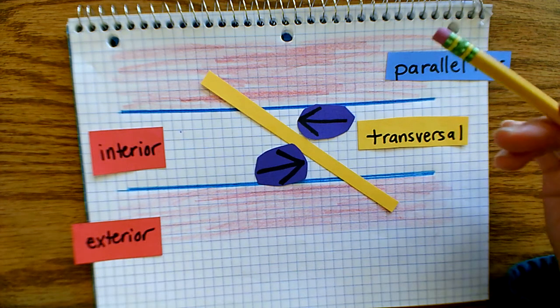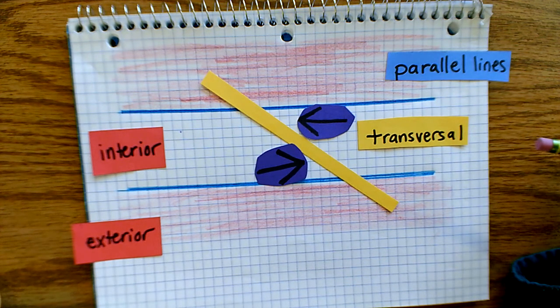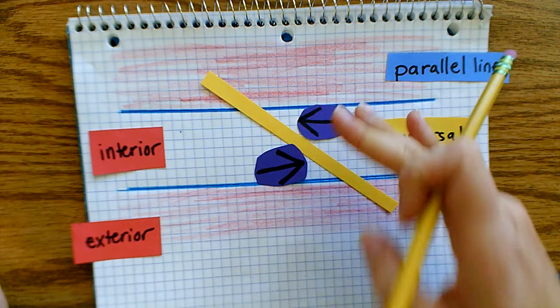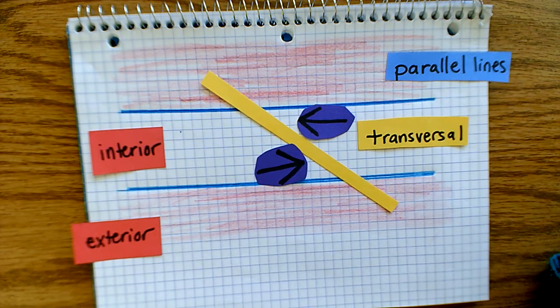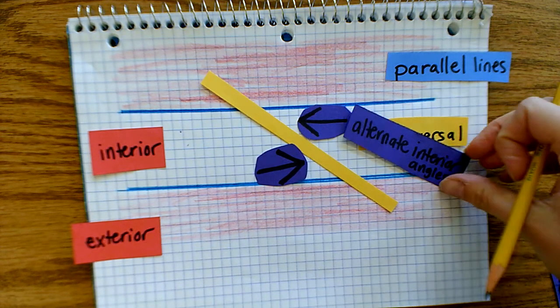And now, are they on the same side of the transversal or the opposite sides of the transversal? Well, they are on opposite sides. So these are called then alternate interior angles. Interesting.